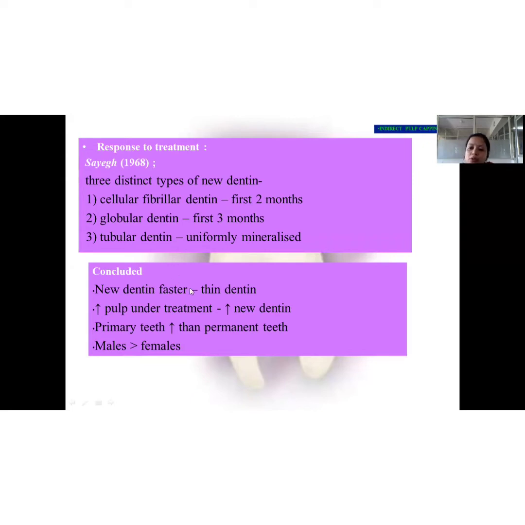So we conclude that new dentin is formed faster but is thinner. Reparative dentin formation is more in primary teeth than in permanent teeth, and more in males than in females.